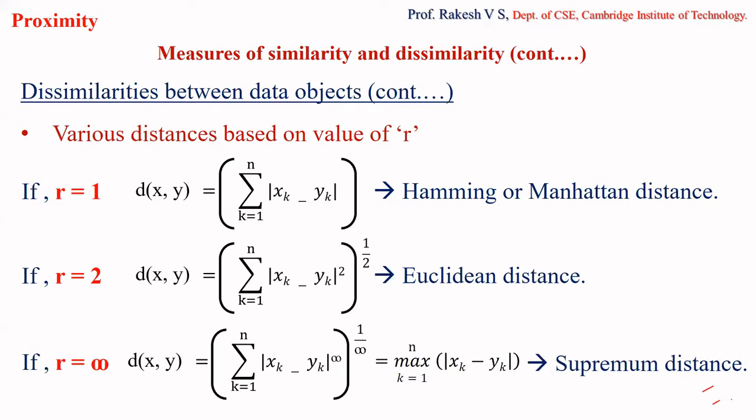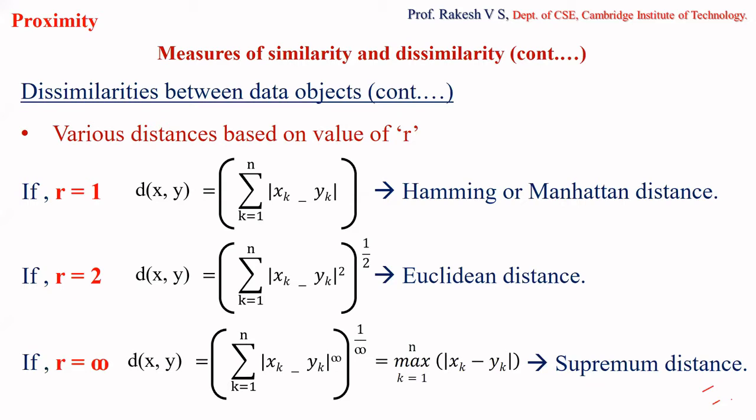So Minkowski distance comes in three variations: Hamming or Manhattan distance, Euclidean distance, and supremum distance. Clear? When r is equal to 1, it is Hamming or Manhattan distance. When r is equal to 2, Euclidean distance. And when r is equal to infinity, supremum distance.